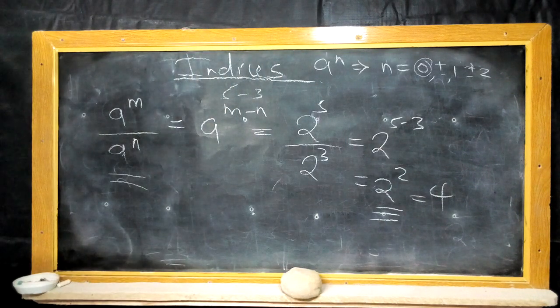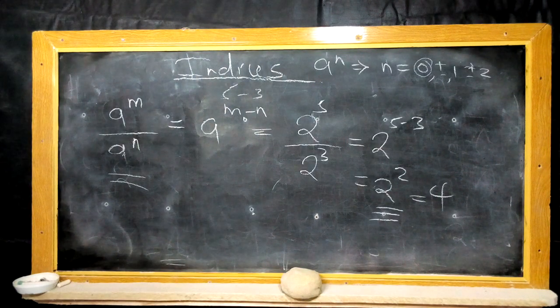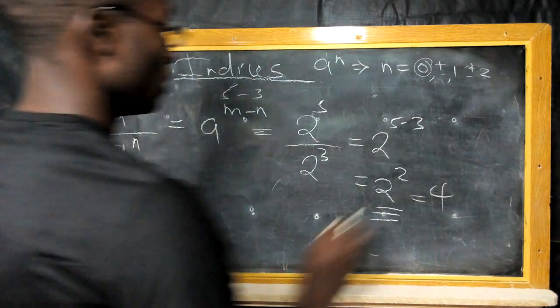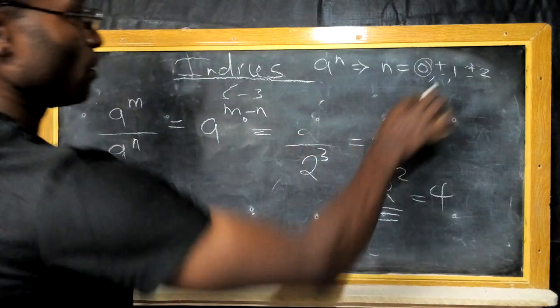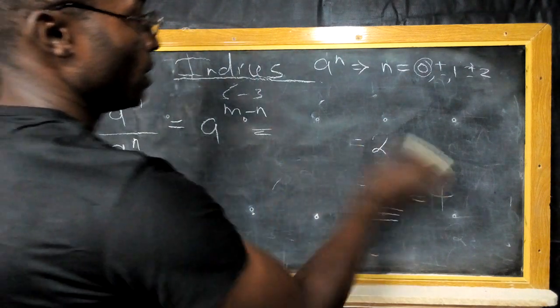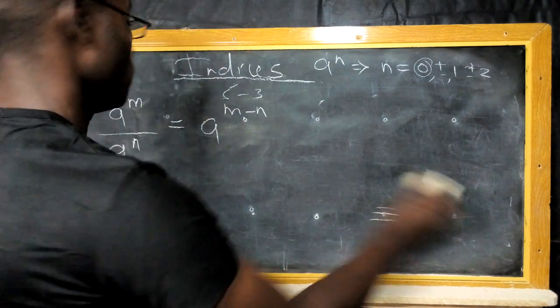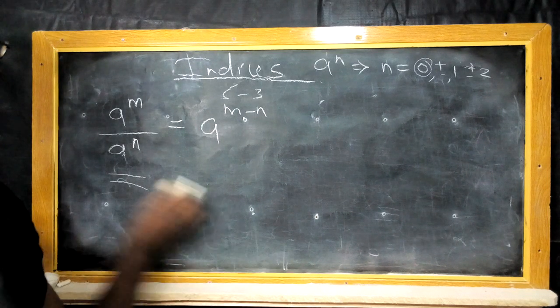So in that case, that will be the answer, and this is the order of the operation that we are going to do. We are going to be very careful in that, as I said, the powers or the numbers representing n can either be positive or negative.